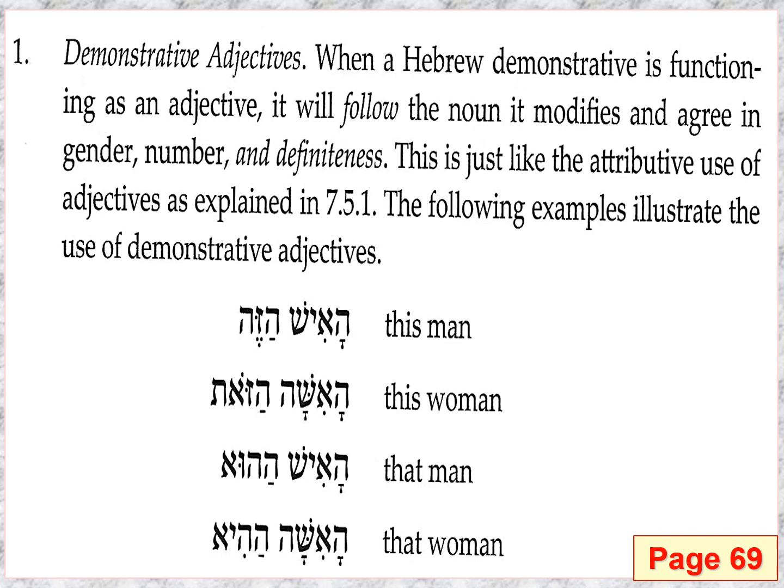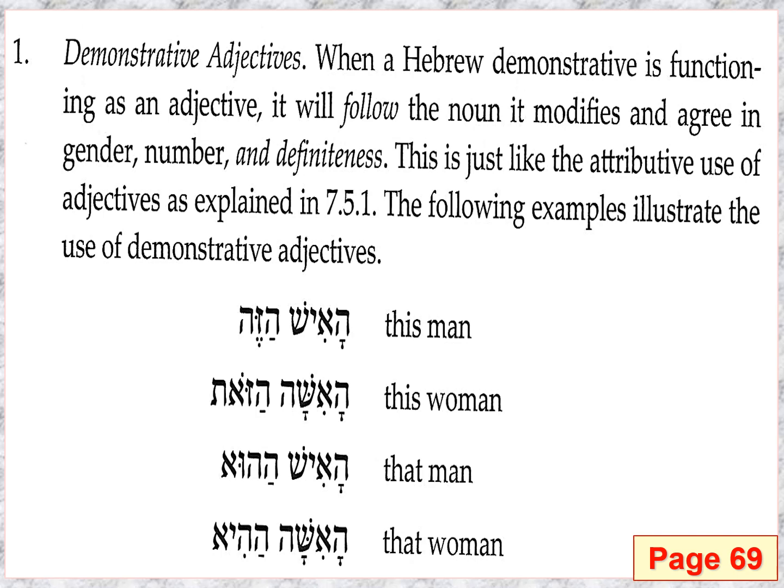Let's focus on demonstrative adjectives, whether they're near or far. Near being this, close proximity, far being the ones over there. So when a Hebrew demonstrative functions like an adjective, again, it follows the noun it modifies and agrees in grammatical gender, number, and definiteness, whether it be both having the definite article or both the noun and the demonstrative not having the definite article.